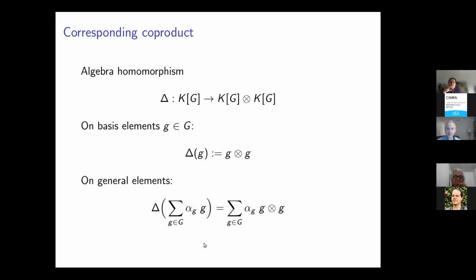There is no other way, because the map that I use for the definition has to be linear, so it has to pass through the sum. The coefficients alpha_g from the base field must be able to come out. And then on the basis elements, I have to apply this definition. So this is in general how this thing has to look. And this also works.